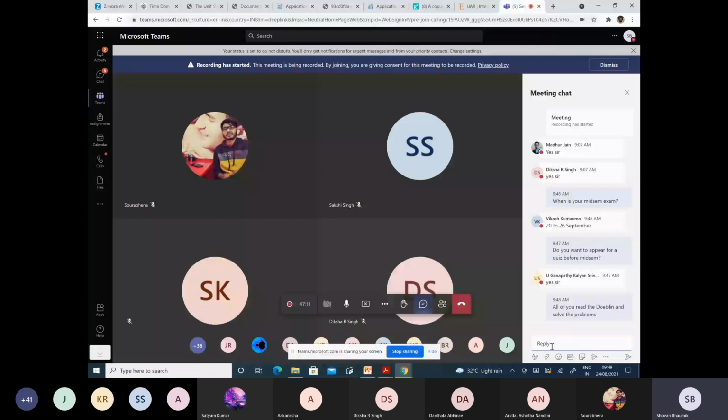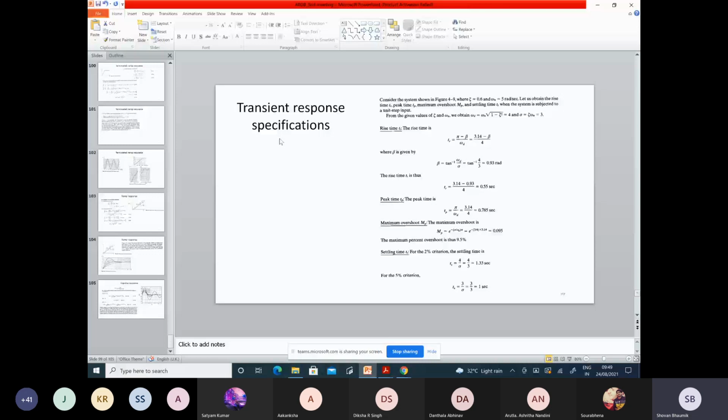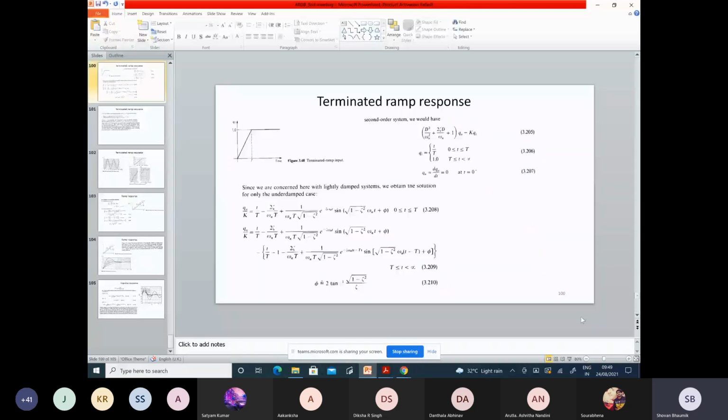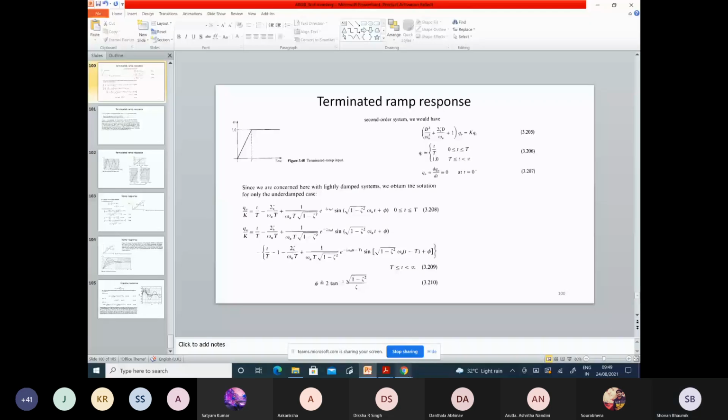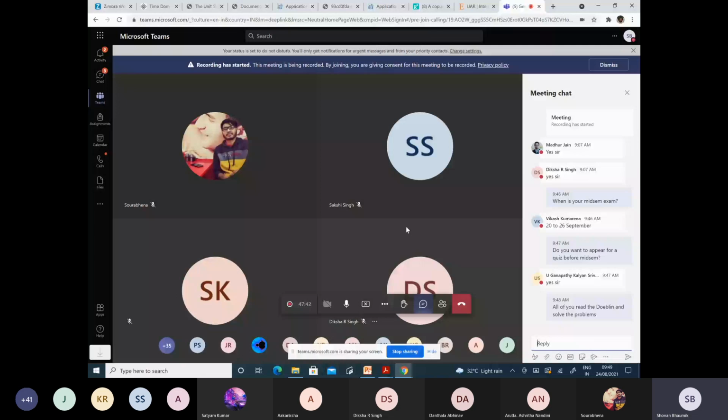Okay, so now the next topic we read is the terminated ramp response. What is the meaning of terminated ramp response? Let us try to understand. So till now there is no query, right?